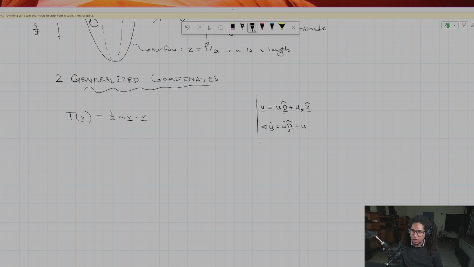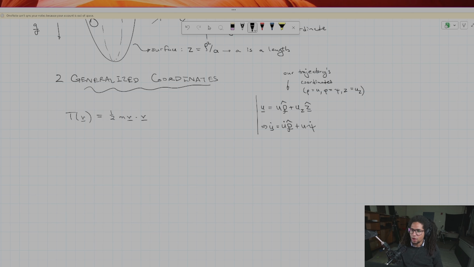So phi dot, I'm going to have to give this some specific name that tells us that we're dealing with our trajectory in specific. Let me use psi dot. So here we go. Our trajectory's coordinates can be rho equals u, phi equals psi, and z equals uz. Not the perfect notational convention, but it's good enough for now.